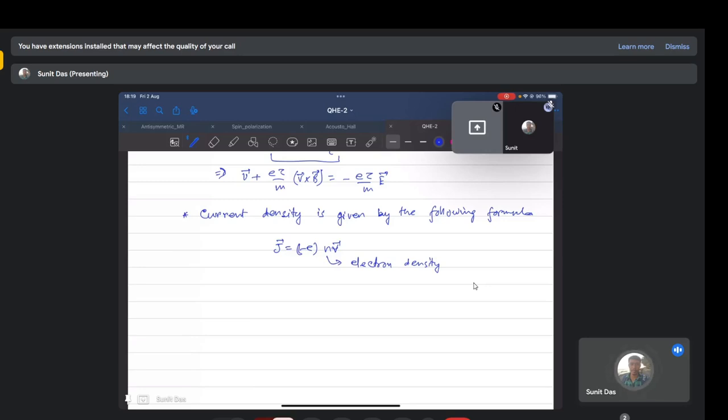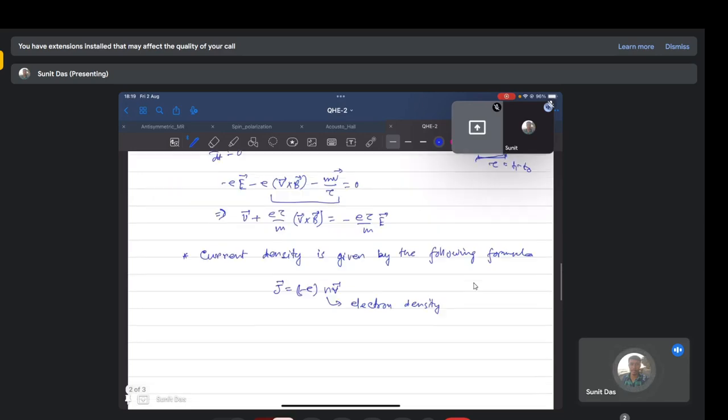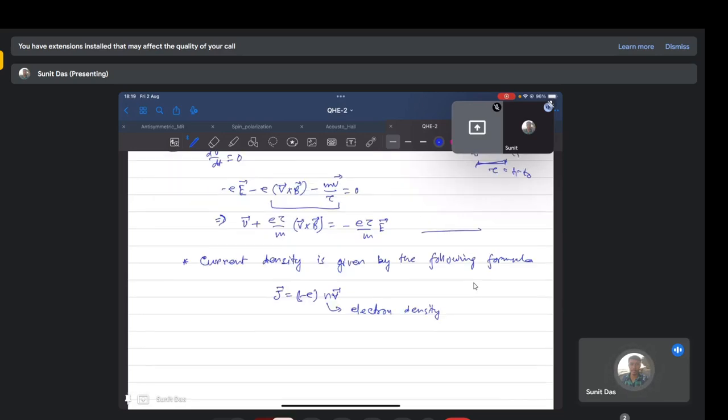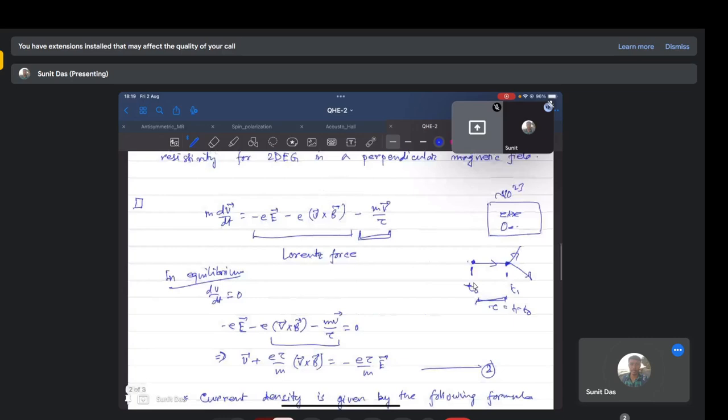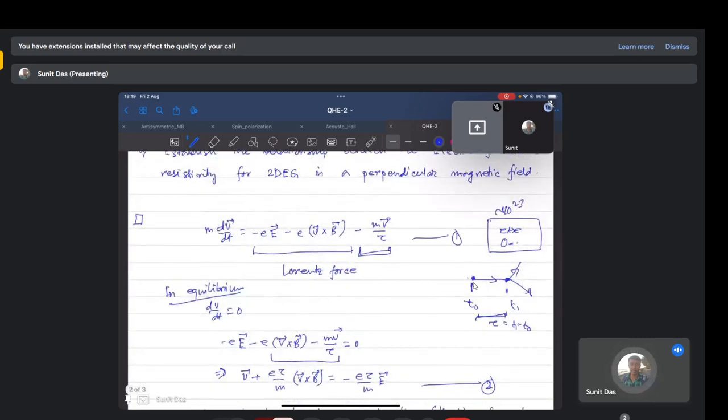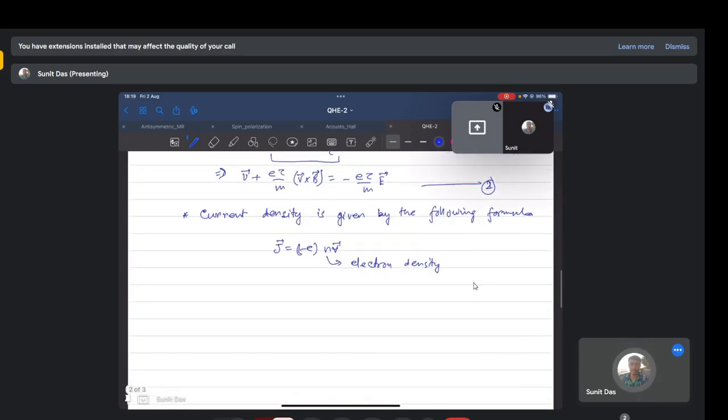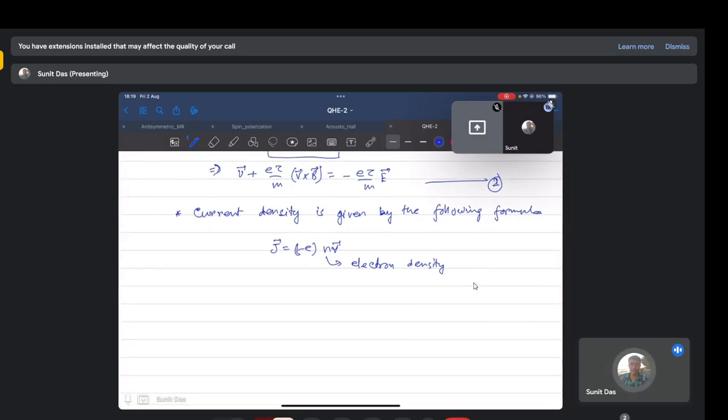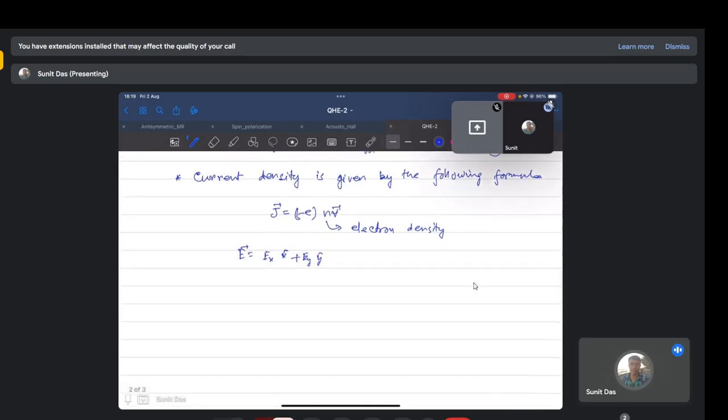Now this velocity and the current density can have both components, right? In general, let's call this equation 2, and this was equation 1. So in general, these are matrix elements. Why? Because we can have electric field as Ex x cap plus Ey y cap. Remember, we are in a two-dimensional system.